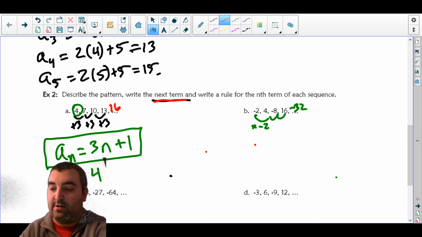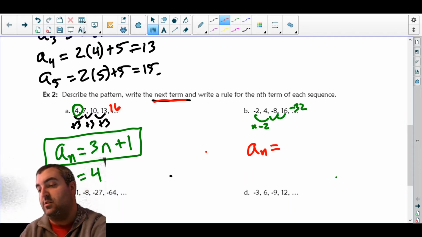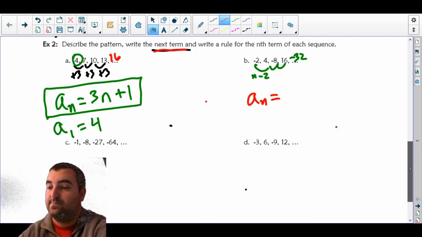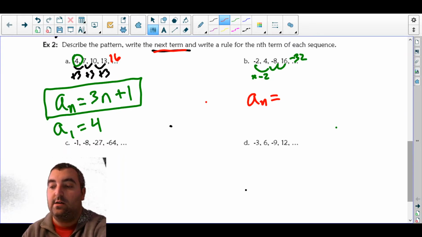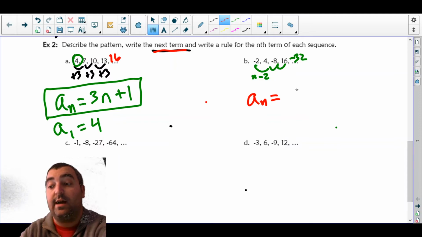Now the tricky part comes in once again here, at least right now, because we are just starting these, is coming up with that rule. So you have to think about, okay, well, we're multiplying by -2 every time. So if you're multiplying something over and over again, that's an exponent.